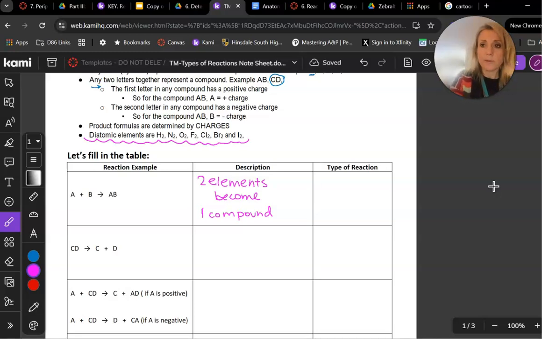We call this kind of reaction a synthesis reaction. So two things become one thing. Sometimes you can even have two compounds joining up, but your product is always going to be one. So if you start out with multiples and you end up with one, then that means that you have a synthesis reaction.